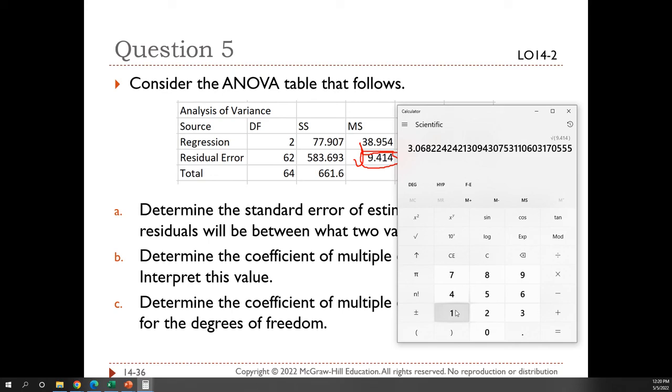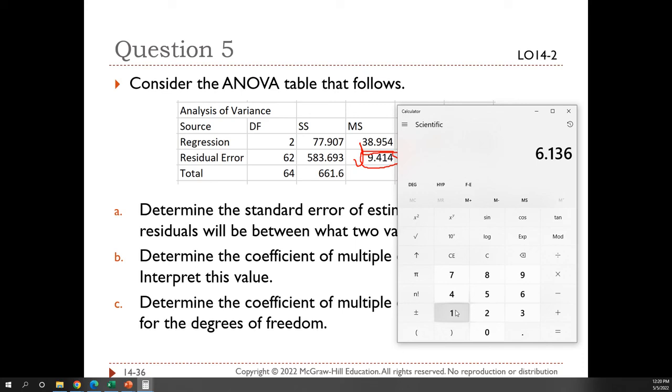So again, back to the empirical rule, which we mostly use at 0.95. We're going to take this 3.068 and times it by 2. So it comes to 6.136, and this is going to be positive or negative since we're dealing with the two-tail.